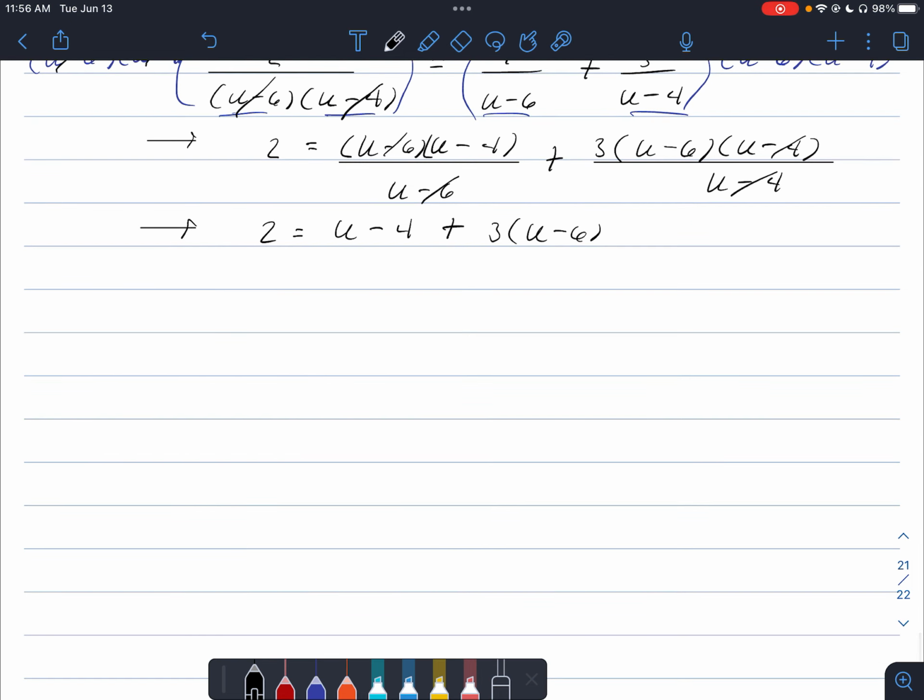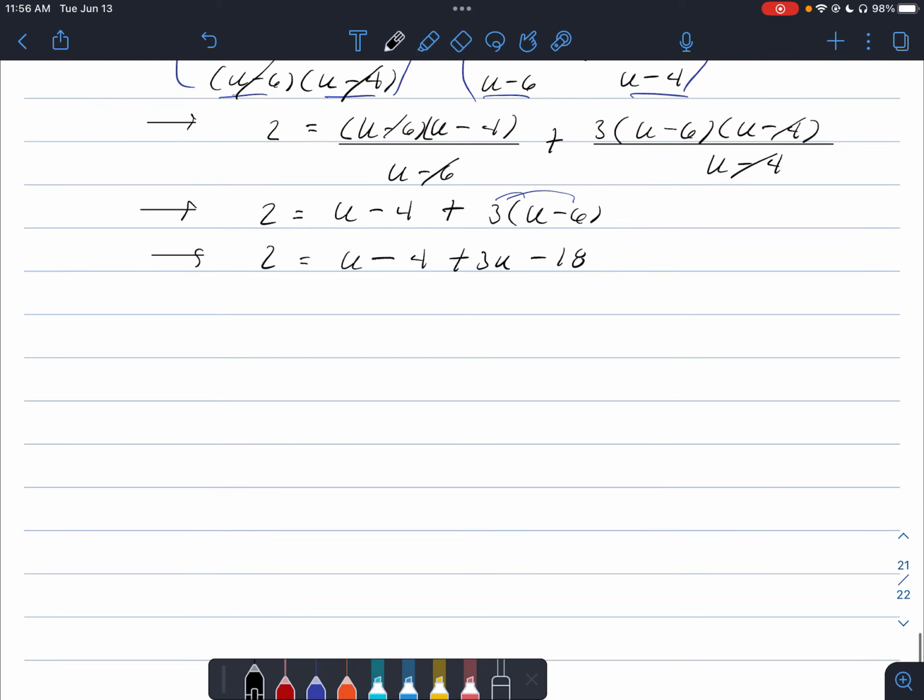We can distribute this 3, and we'll end up with 2 is equal to u minus 4 plus 3u minus 18. Let's combine all of our like terms.